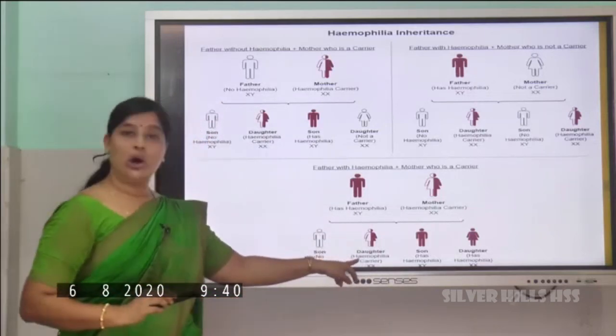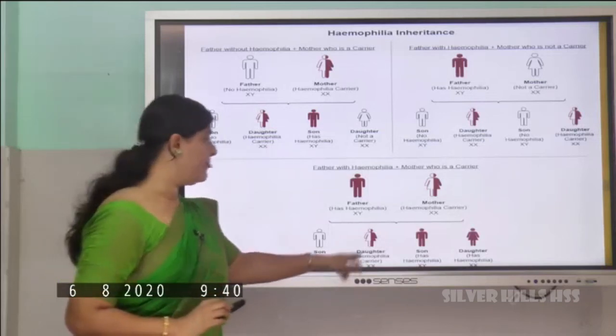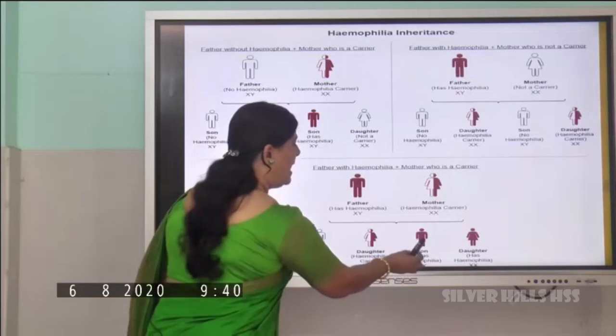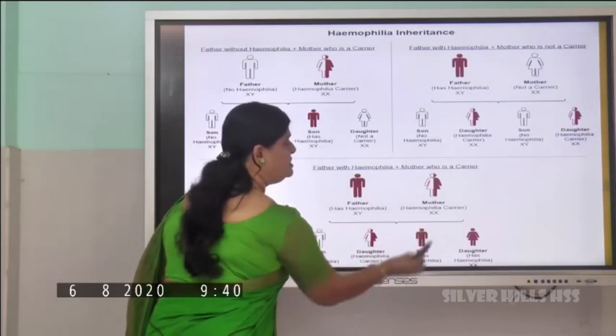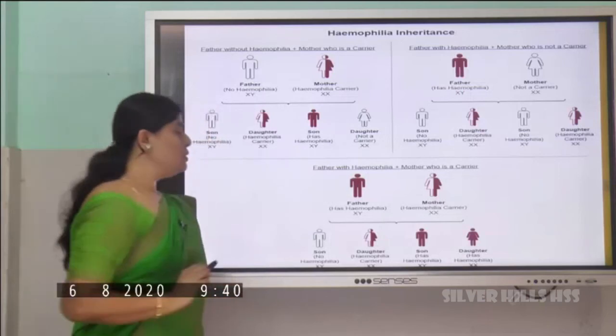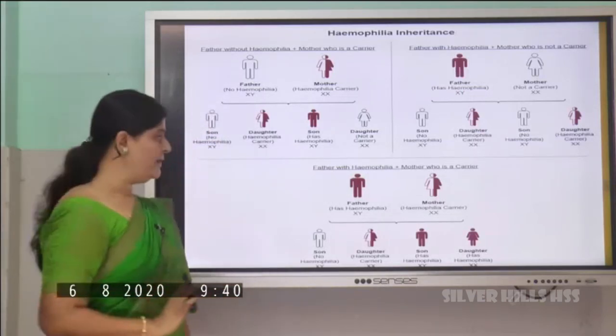So the daughter is going to be a carrier, hemophilic carrier. Third condition, son. This son has got this defective gene from mother and Y from father. So the son is what? He is a hemophilic person.